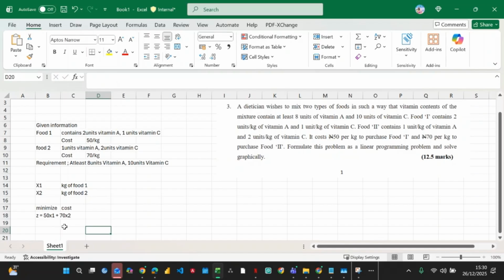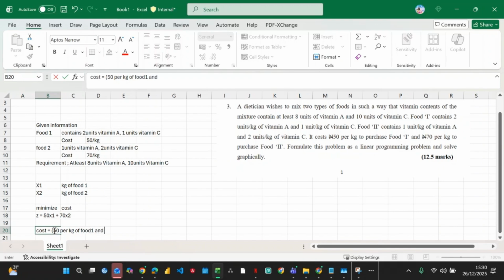In simple explanation, the cost for each food is 50 naira per kg of food one, plus 70 naira per kg of food two.